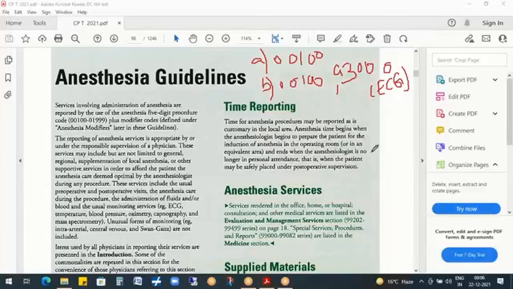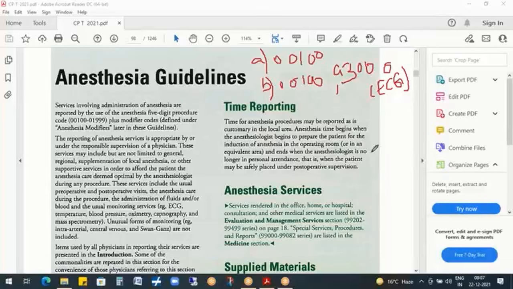Placement of intra-arterial line. Second point: placement of central venous line.